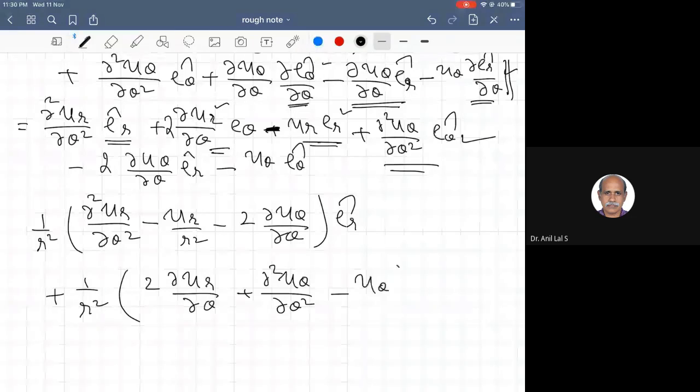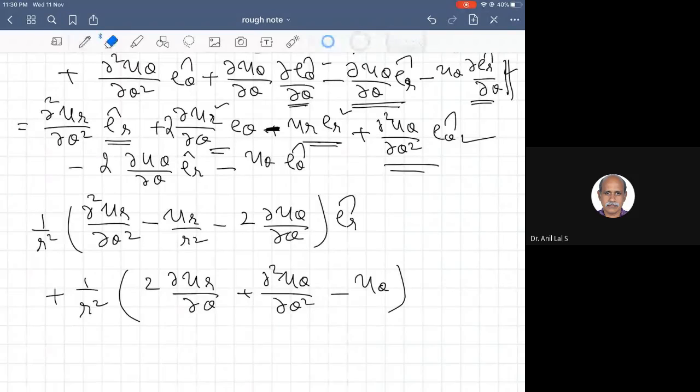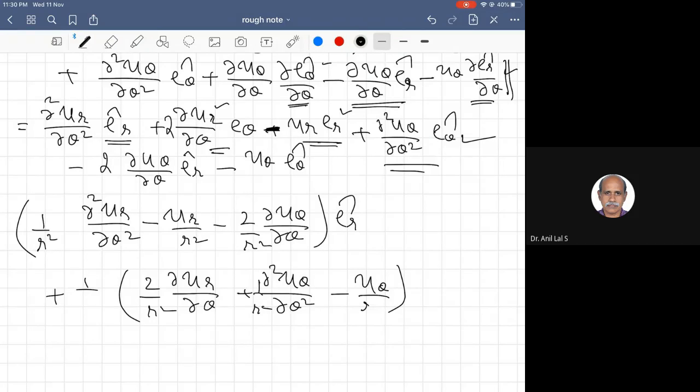Okay, the r squared here is not there, but 1 by r squared is for all the terms. So here also r squared. So we can have this r squared here, 2 by r squared, this is 1 by r squared, this is r squared with theta.